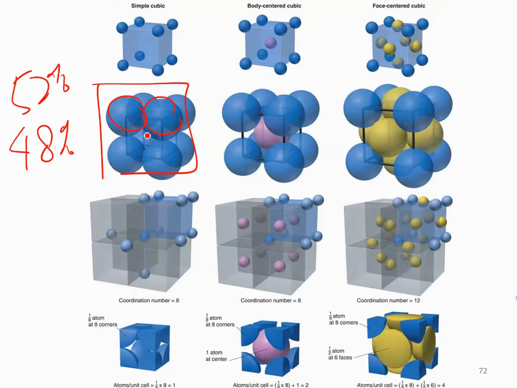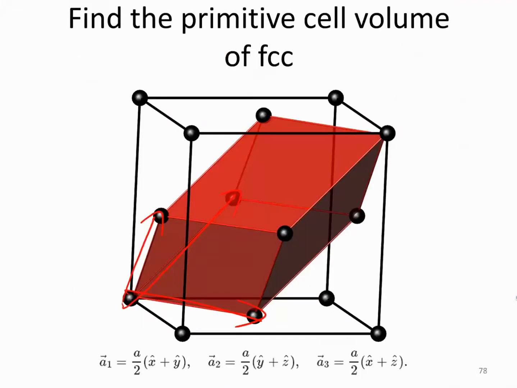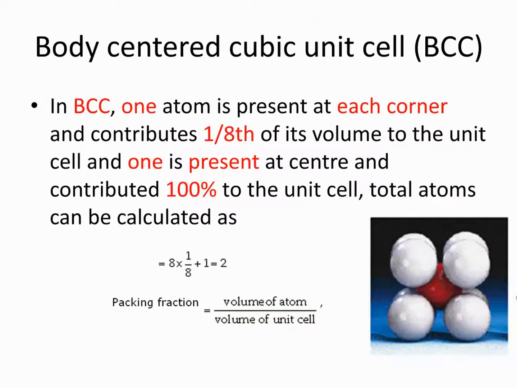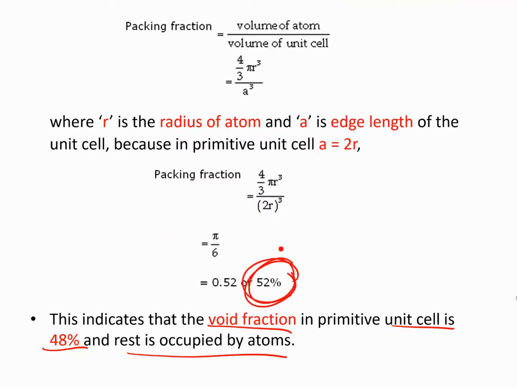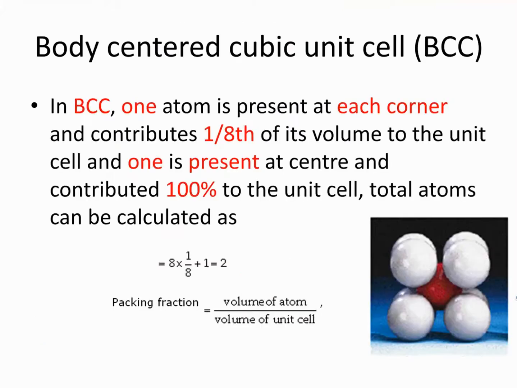Okay, you can imagine, right, that this part is empty. This part is empty. So based on the calculation, the packing fraction for the simple cubic is 52%. So that means that 52% are occupied by the atom, and then 48% are empty.